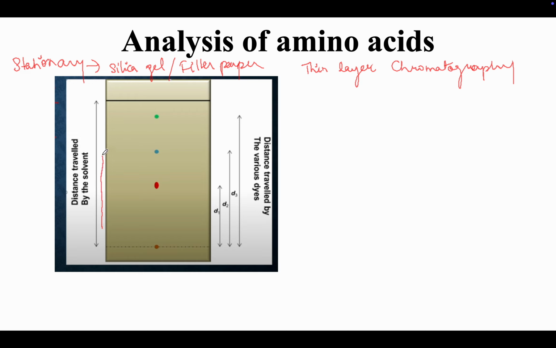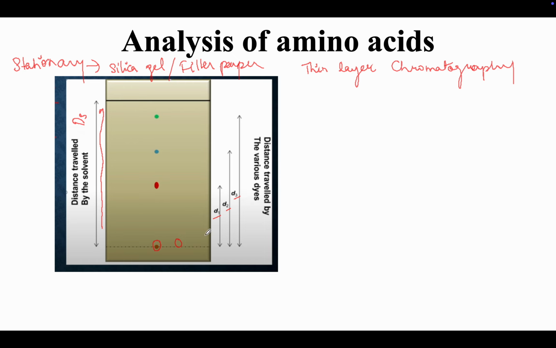This is the distance which is run by the solvent front, and this solvent front could be any solvent in which your amino acids are soluble, and they will run a distance. Let's say they will run the distance ds, and these are different amino acids which are spotted here, and they will also run some distance d1, d2 and d3 as shown here.